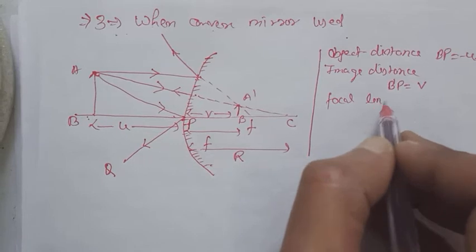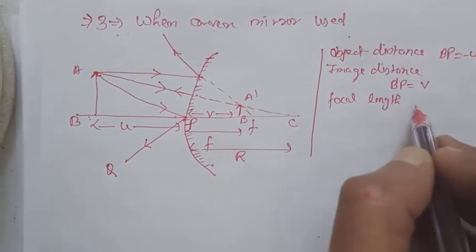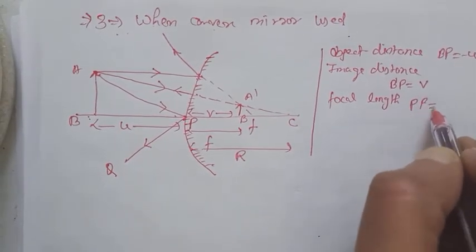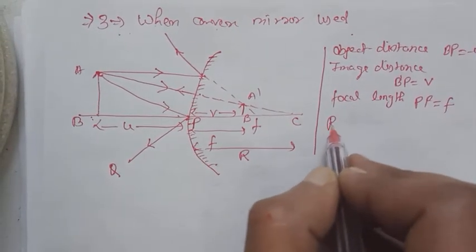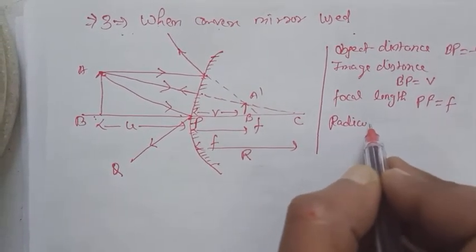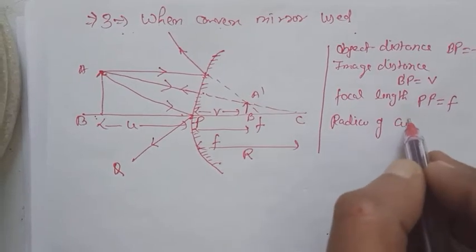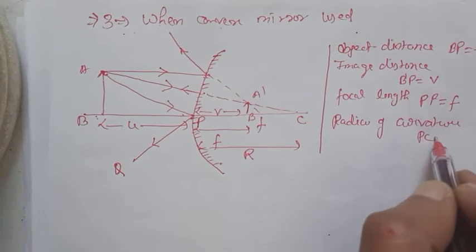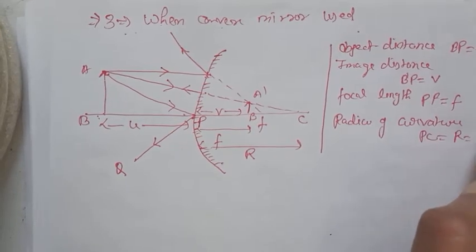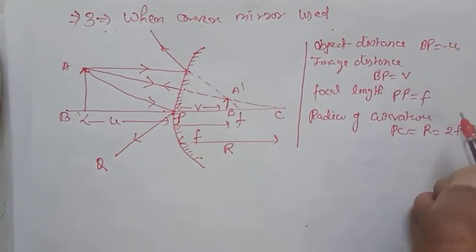Focal length BF is also positive in the direction of light, and the radius of curvature PC is also positive, R equals 2F.